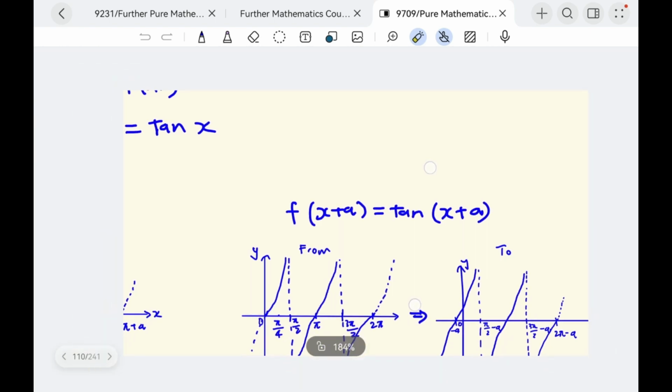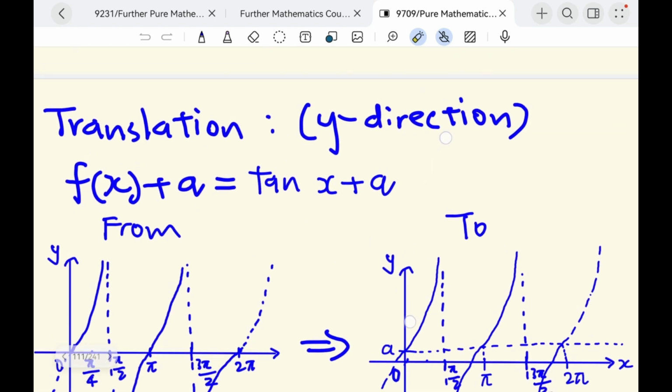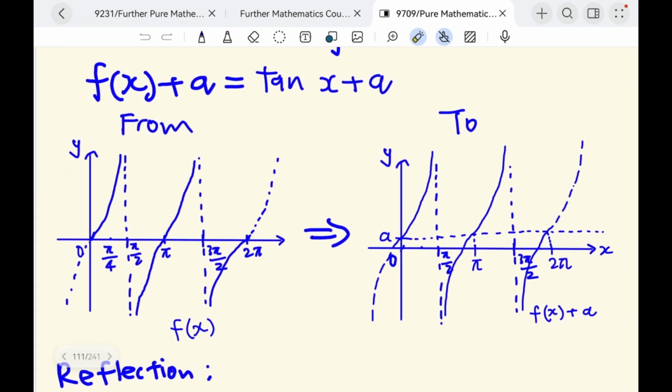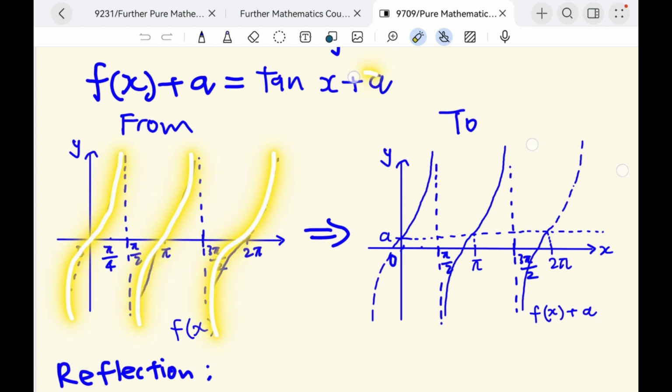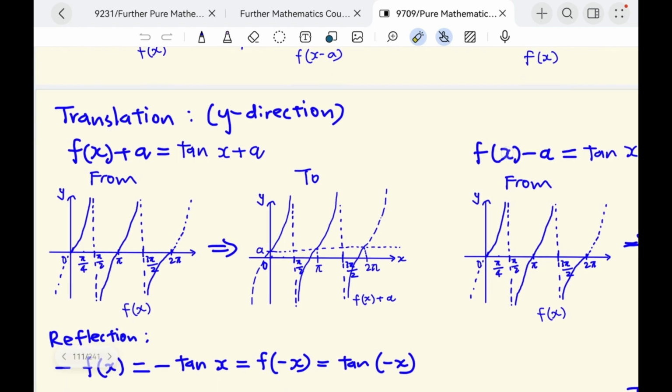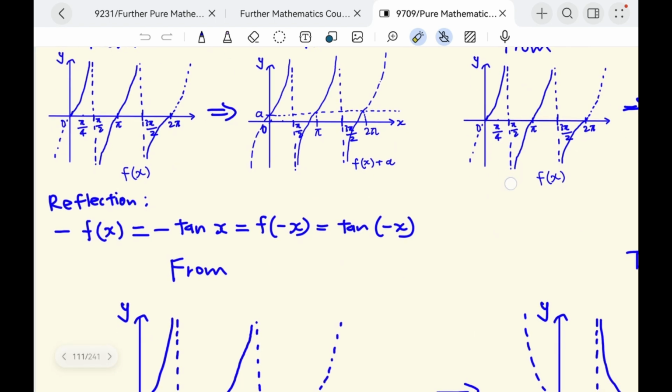For the translation in the y direction, it is basically plus or minus a beside the entire tangent function. The graph moves upwards by a units when it comes to plus; otherwise, it shifts downwards by a units. That's the simple explanation involving translation for the tangent functions.